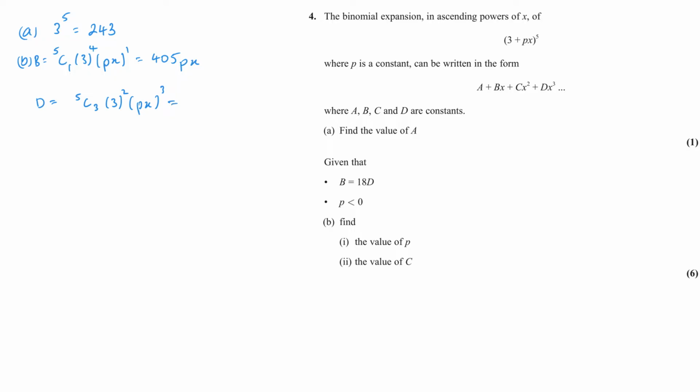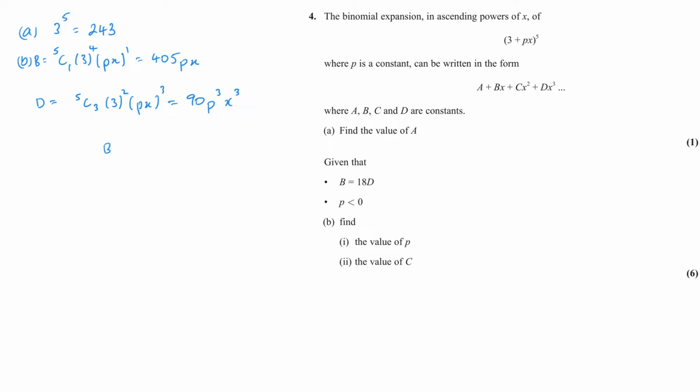And 5C3 is 10 times 3 squared is 90 p cubed x cubed.